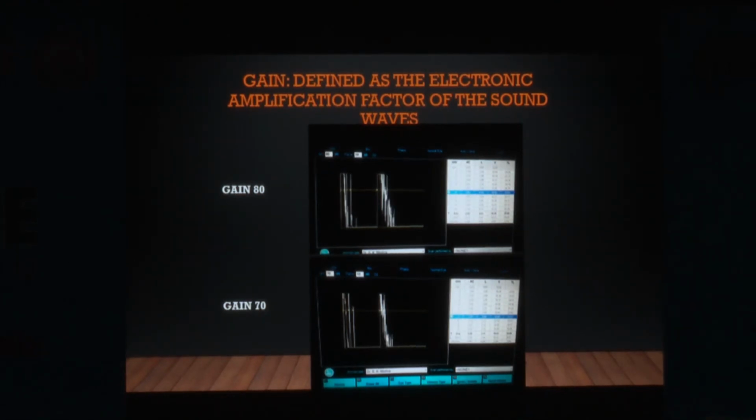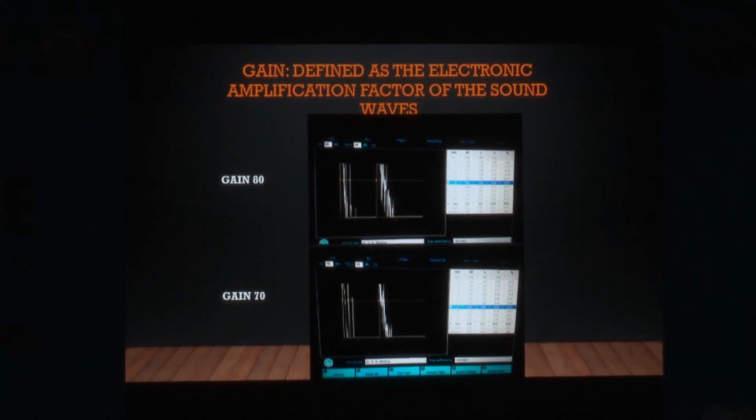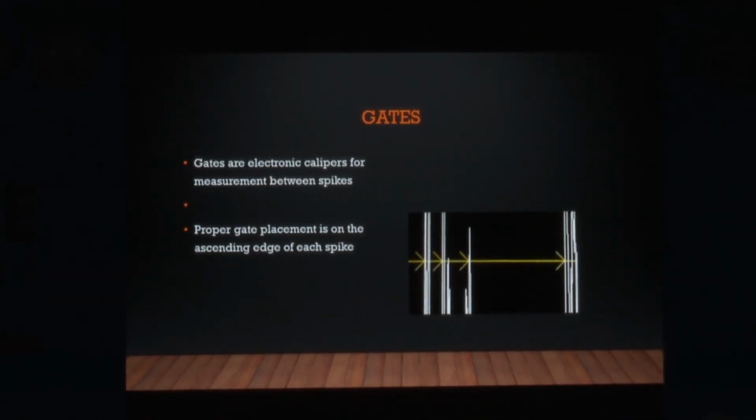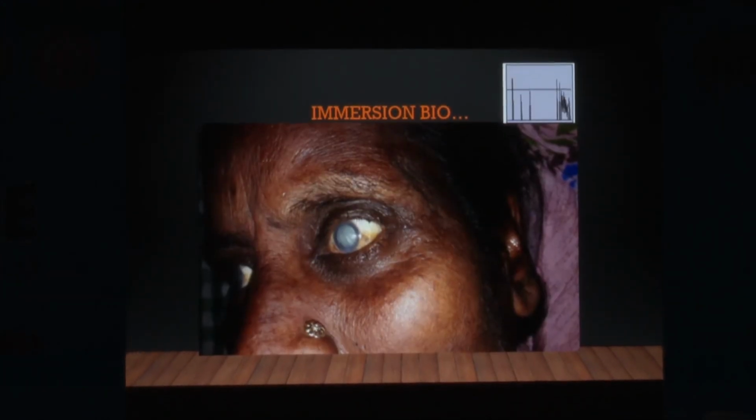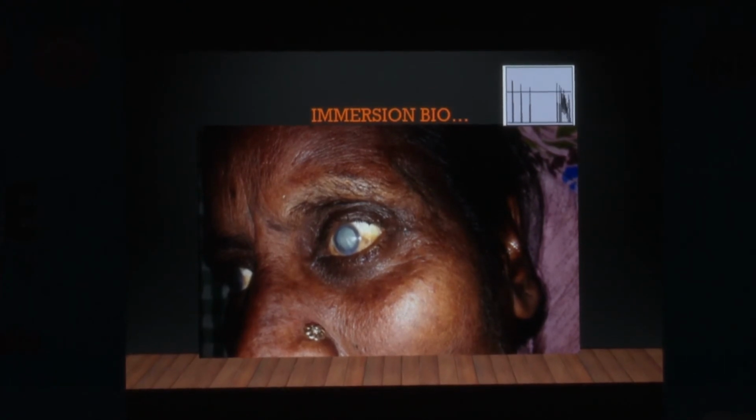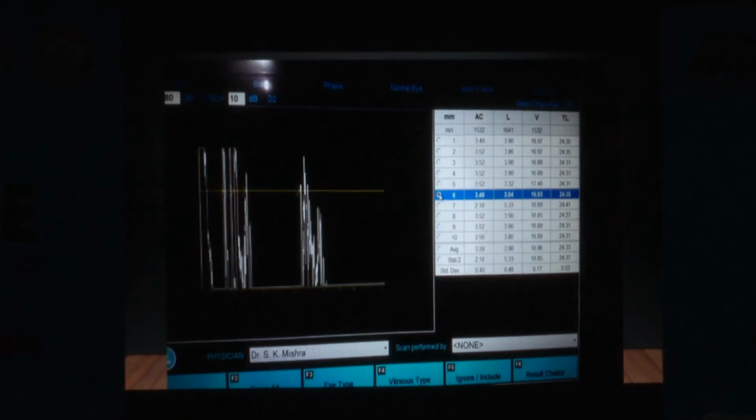Here you see the same patient, the spikes are broad, but when I reduce the gain, each spike is clear. Then this is a patient with mature cataract, and a scan was done.